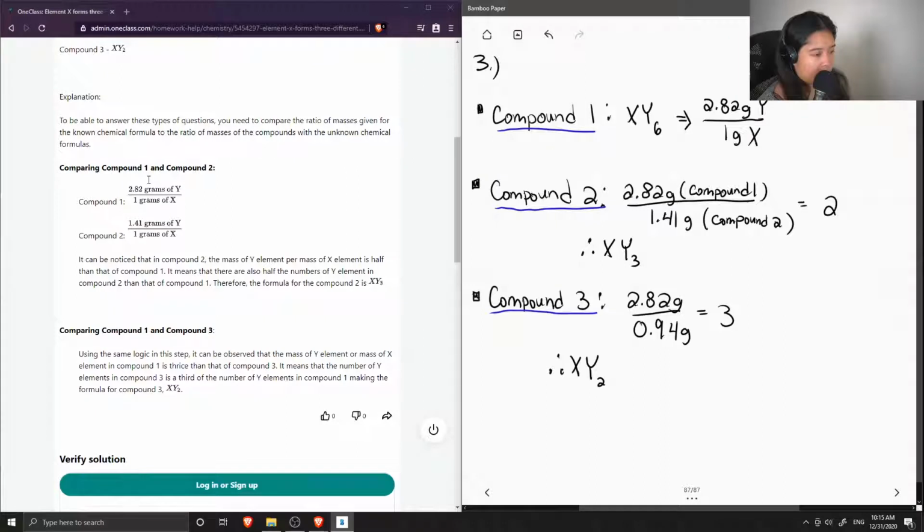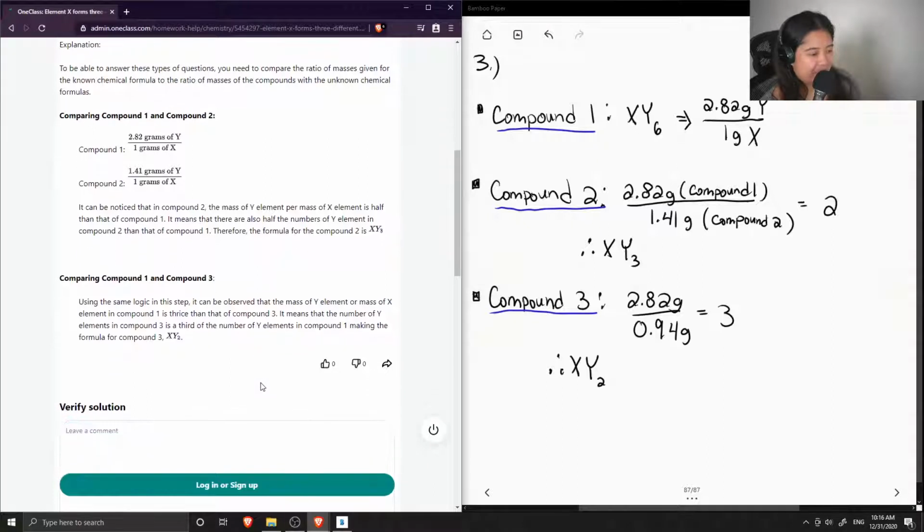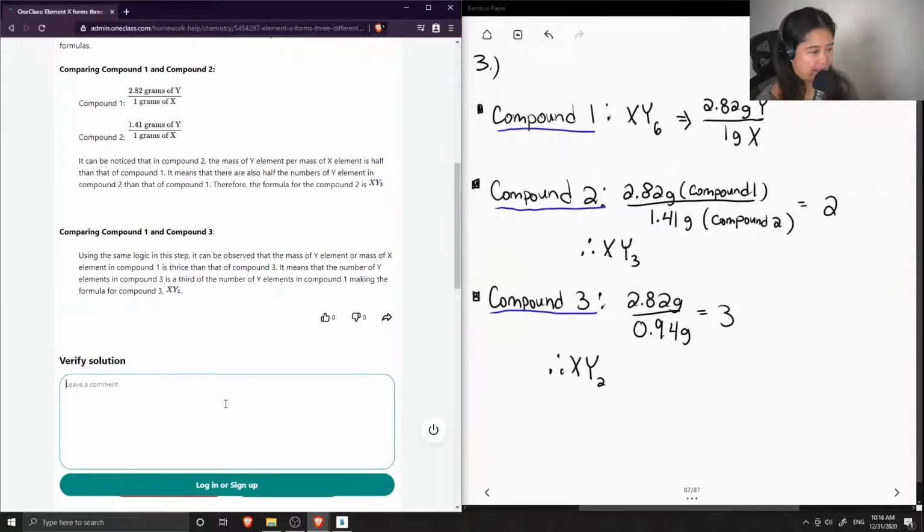Comparing 1 and 3, using the same logic, it can be observed that the mass of Y element per mass of X element in compound 1 is thrice than that of compound 3, and it means that the number of Y elements in compound 3 is a third of the number of Y elements in compound 1, making the formula for compound 3 XY2.